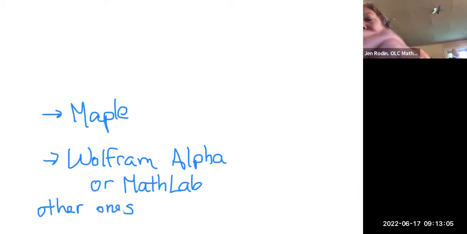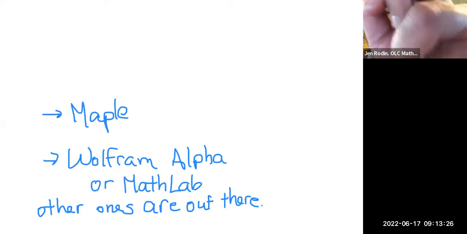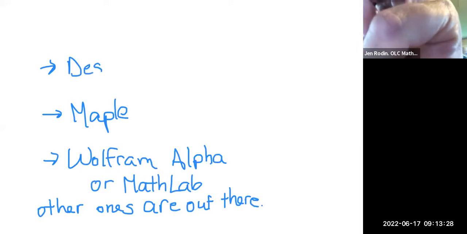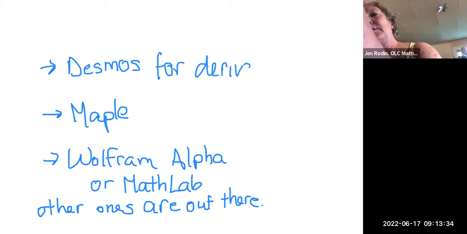Otherwise, don't worry about it. There are probably newer ones that I don't know, because I try to stay away from technology a little bit so that I don't lean on it too hard. I want students to be able to do this without it. So anyway, and then Desmos, I was going to show how to use that to find the derivative. That's pretty cool.